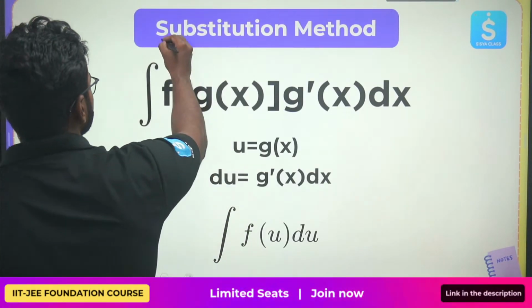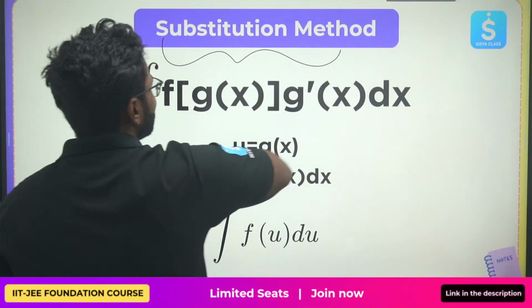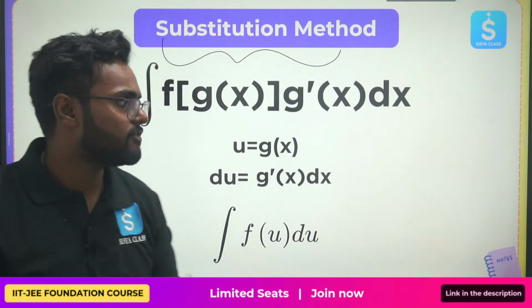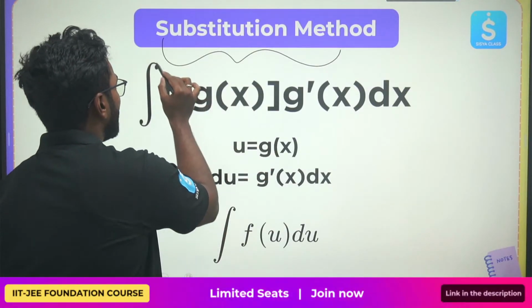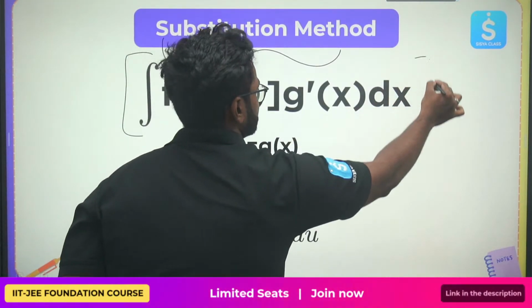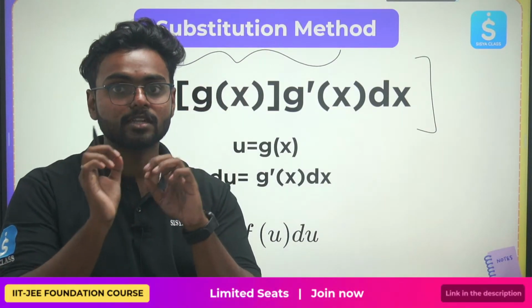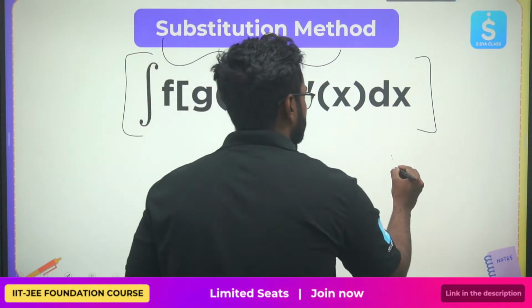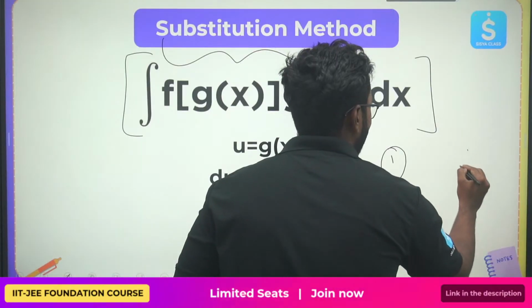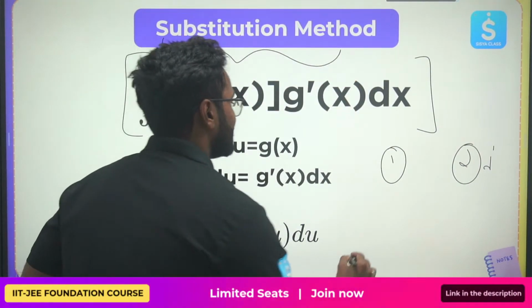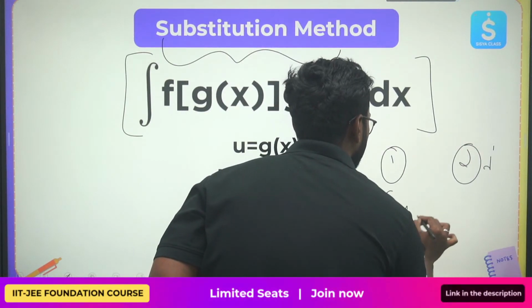Now coming to the substitution method. It is nearly what you have learnt in differentiation. It's a type of it where, if you have a bigger function like this or any complicated function, we'll try to substitute one function as u and the other function as the derivative of it, so that you can finally get the equation as integral of f of u du.